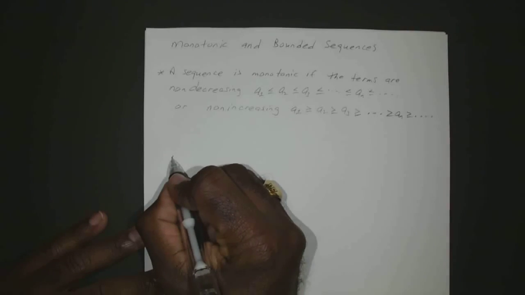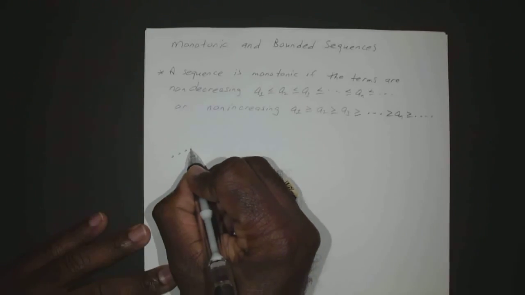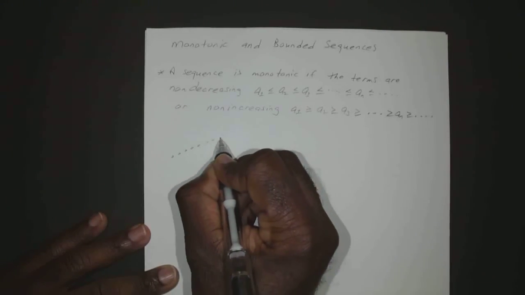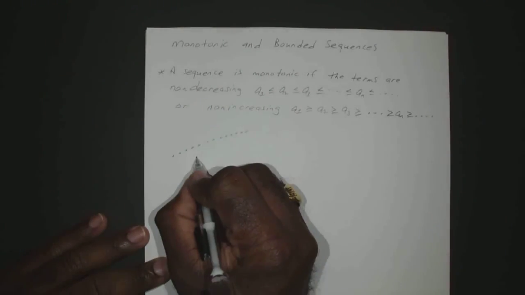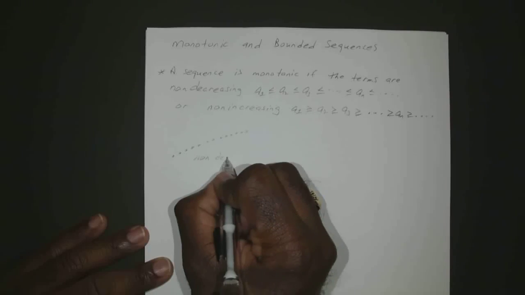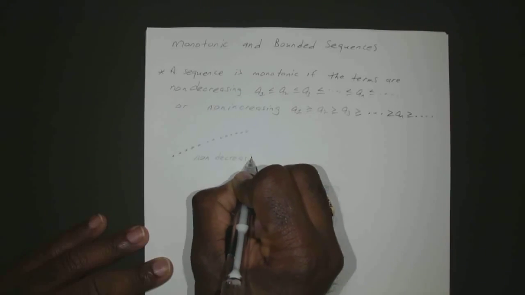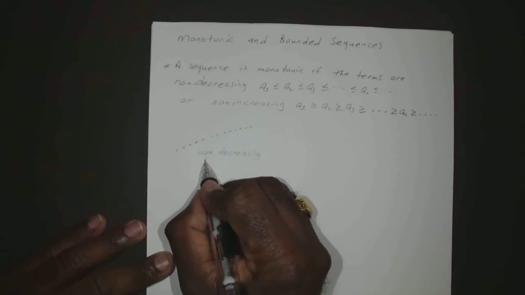Okay, so if you had your A1, A2, A3, A4, A5, and it's going up higher and higher and higher, it's non-decreasing, which means it's monotonic.